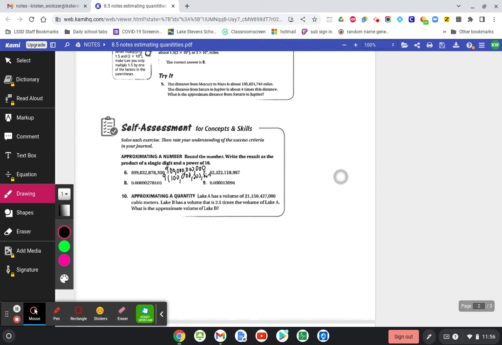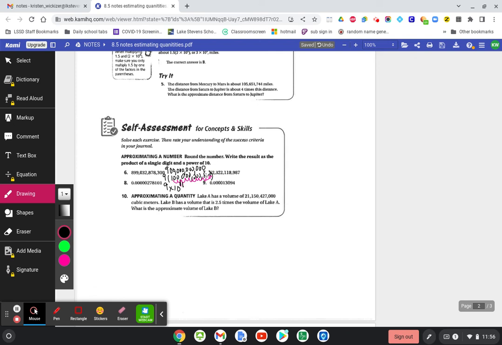And then lastly, rewrite that. So it'll be 9 times 10. Let's count how many places we have to move it over. We have to move it over 1, 2, 3, 4, 5, 6, 7, 8, 9, 10, 11. So it'll be times 10 to the 11th power. Okay. How'd you do? Hopefully you guys got that one.